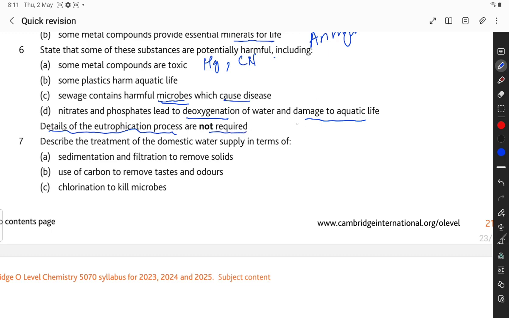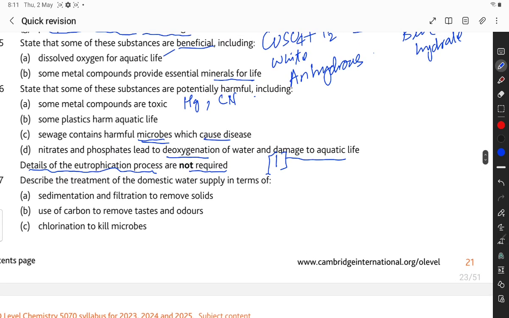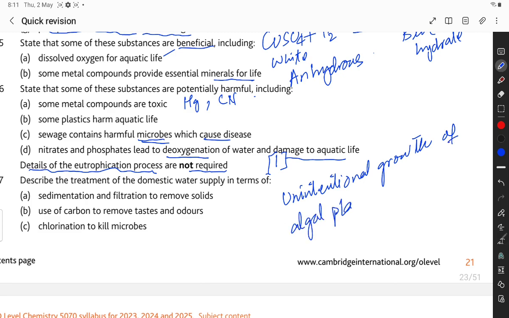This is very important. A 1 mark question might be coming on eutrophication, and this is the definition: unintentional growth of algal plants due to excessive use of fertilizers.